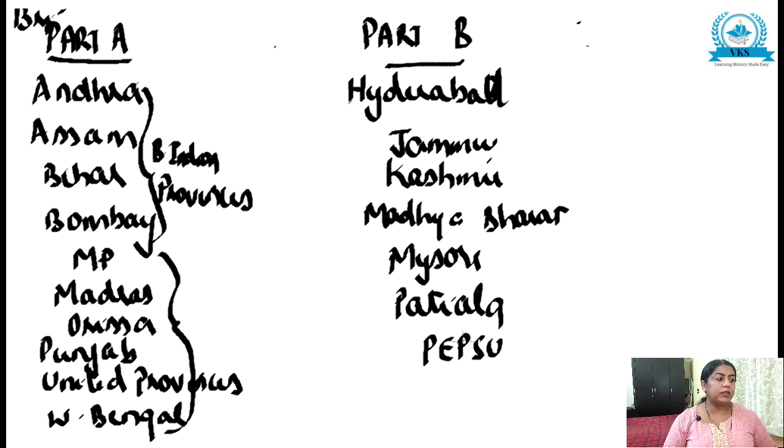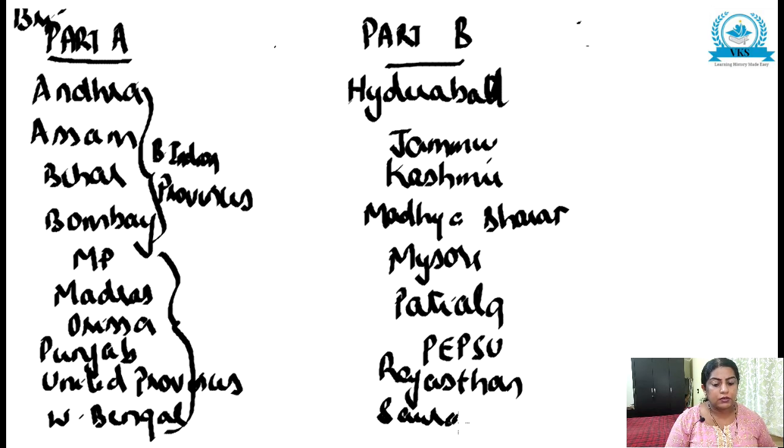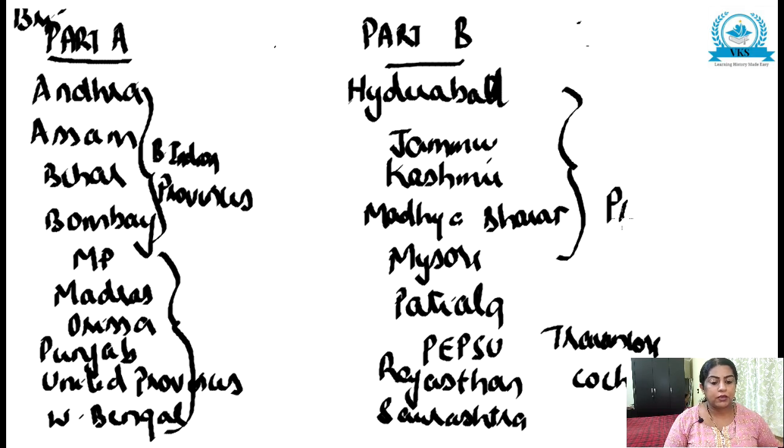PEPSU was Patiala and East Punjab States Union. Then Rajasthan, Saurashtra, then Travancore and Cochin. All these were included in Part B states. And these Part B states were princely states.